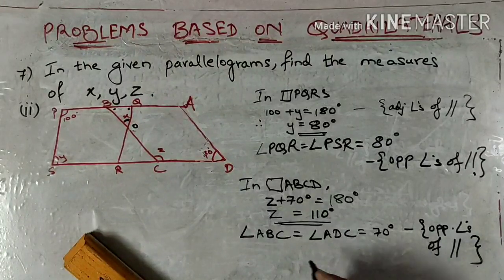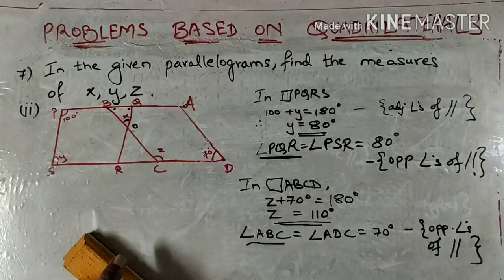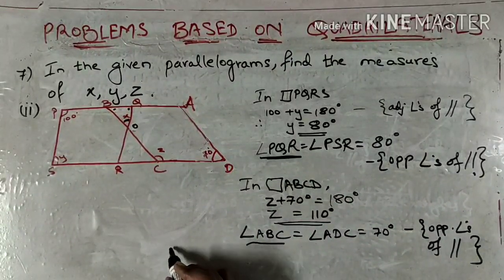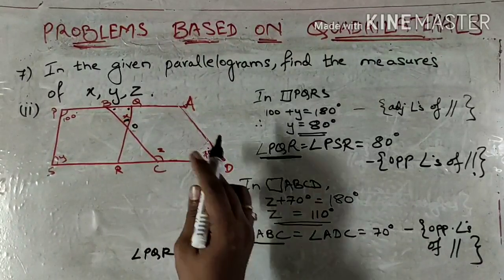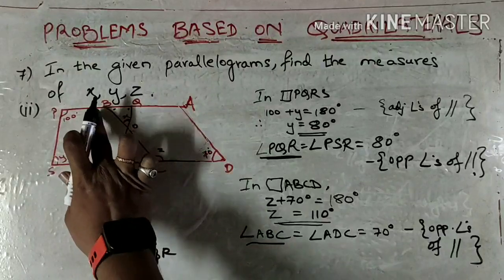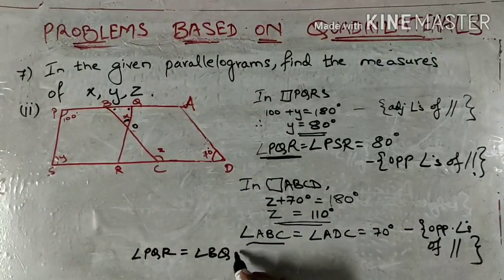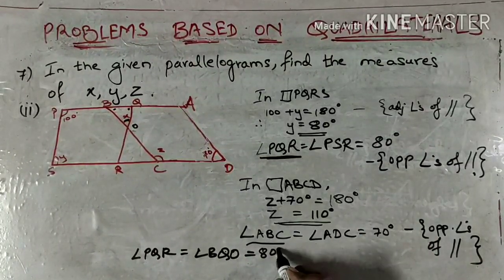I'll write these two angles separately because these two angles have a different name also. The same angle with a different name, angle PQR, can be written as BQO. Angle BQO, same angle, is equal to 80 degrees.